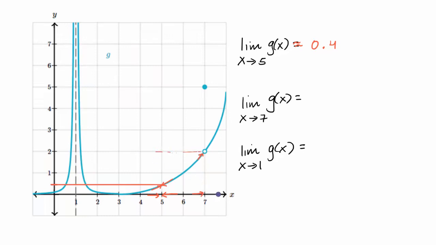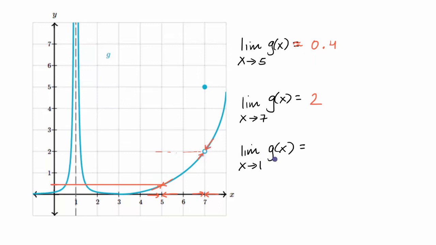And as we approach x equals 7 from the right-hand side, it seems like the same thing is happening. We are approaching 2. And so I would say that this is going to be equal to 2. Once again, the function is defined there, and the limit exists there, but g of 7 is different than the value of the limit of g of x as x approaches 7.